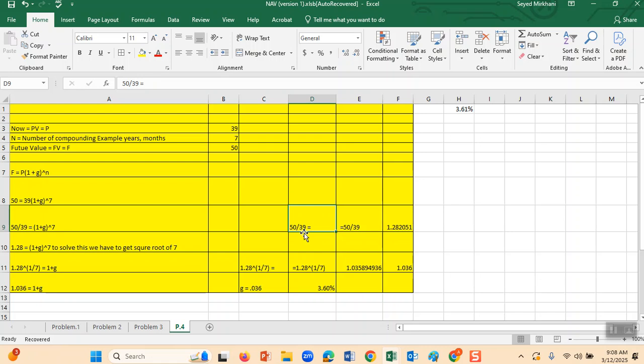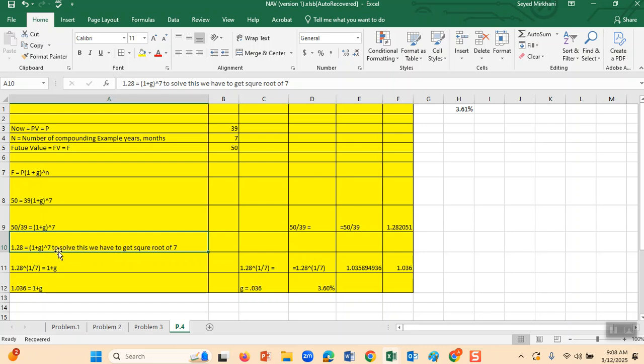Rather than using the calculator, I put an equal sign and then 50 divided by 39, and when you type it correctly, you get 1.28. Therefore, this side of the equation becomes 1.28 equals (1 plus g) to the power 7. Now we have to solve this problem.